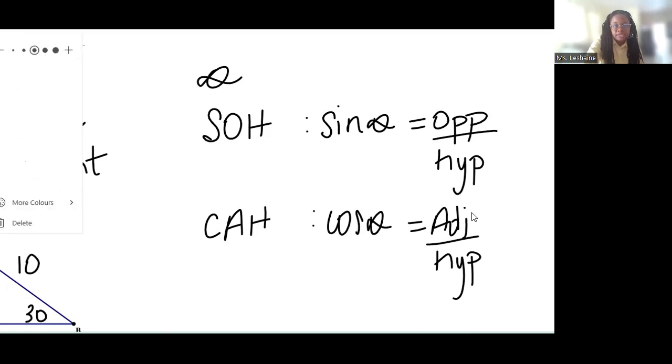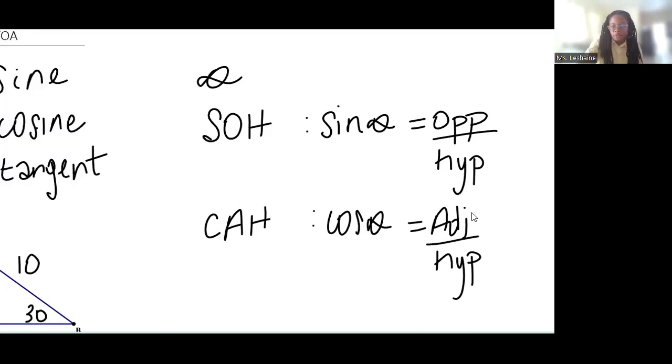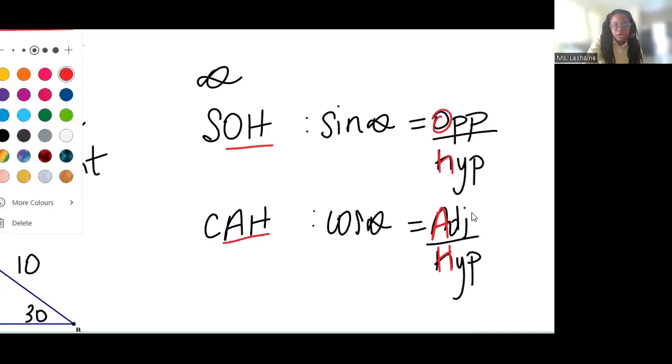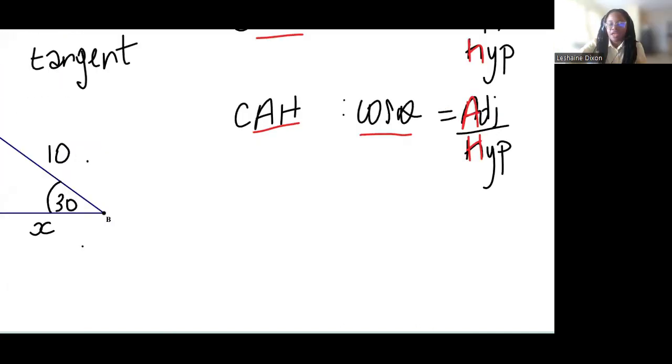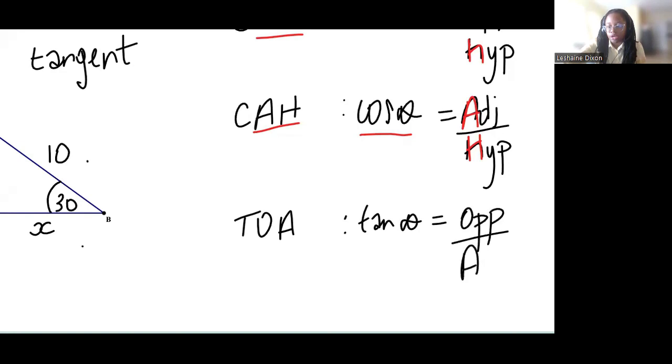So as you can clearly see, the A and the H, the O and the H. So the final one would be tangent. That one tells me that TOA stands for tan of an angle being equal to the opposite over the adjacent.